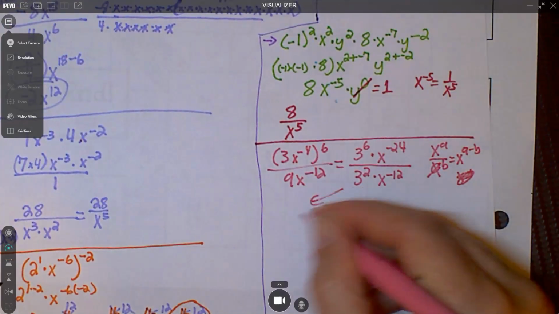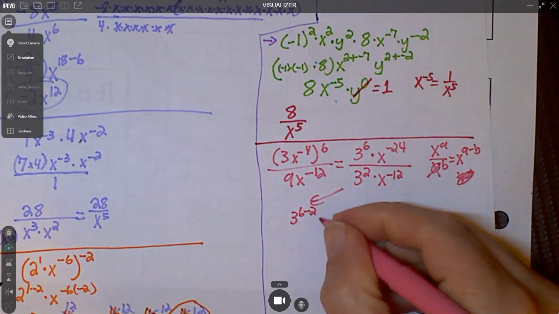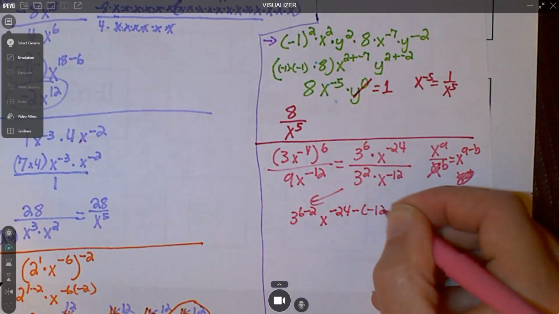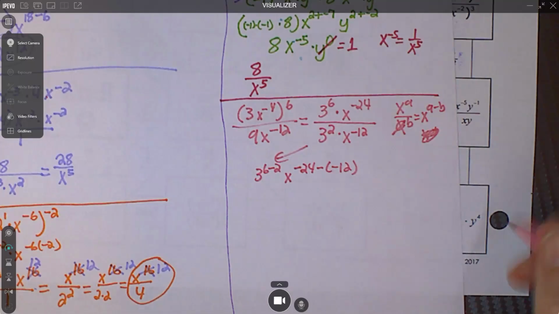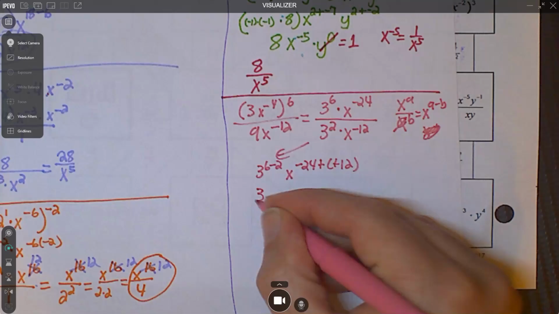So I'm going to do 3 to the 6 minus 2, x to the negative 24 minus negative 12. So that'd be plus plus. So it'd be 3 to the 4th.